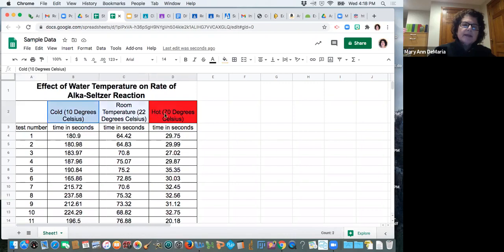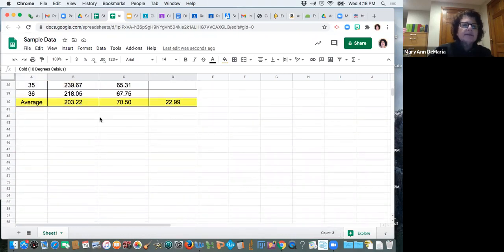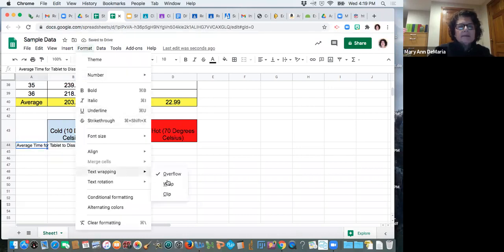So what I tell the kids to do is they actually have to create a second little data table down here. And so there's my independent variable. And then I'm going to just type in average time for tablet to dissolve. I'm making it really explicit, and I'm just going to wrap that text.